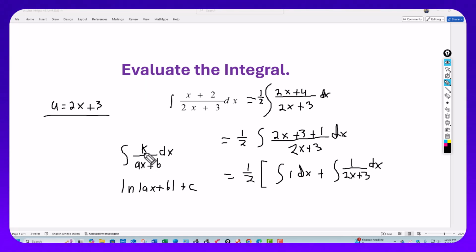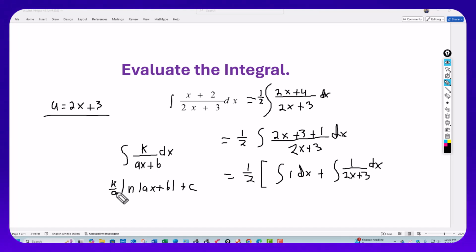And if this is 1 here, then this would just be a 1 here. But if it's some other number k, that answer right here would just be multiplied by k over this, the a. Derivative of the denominator is a. That's where that comes from.